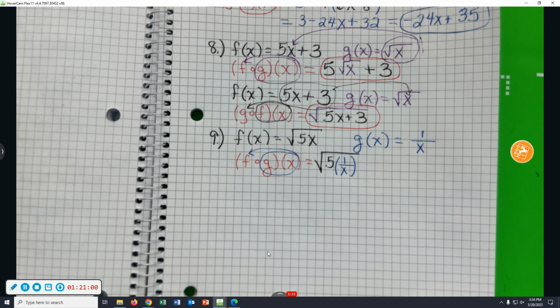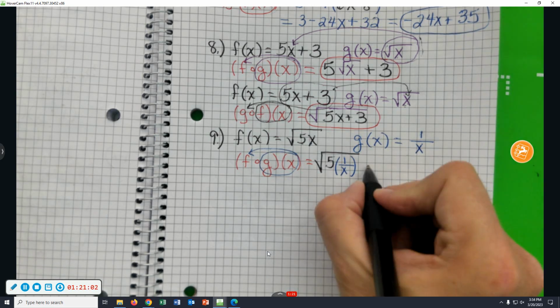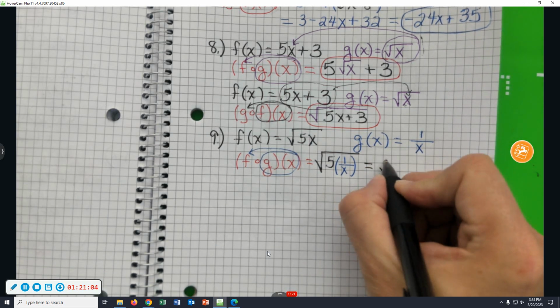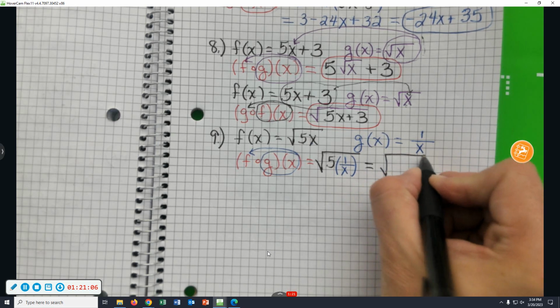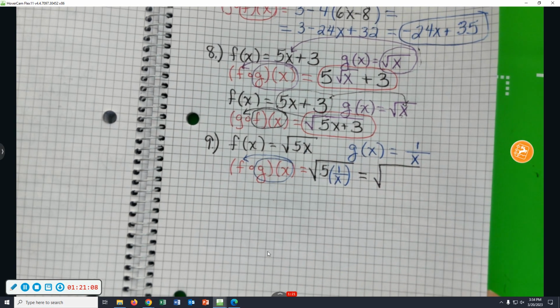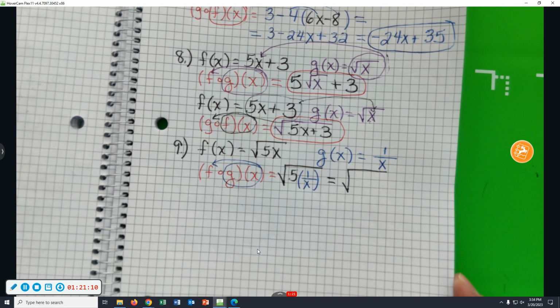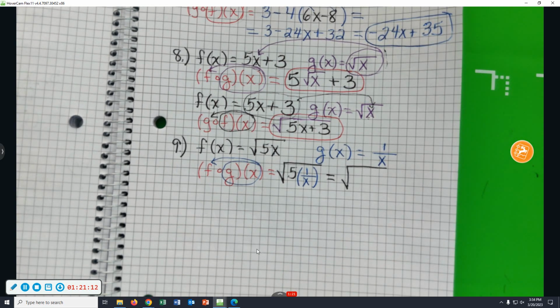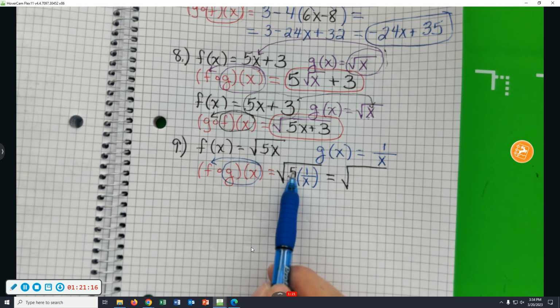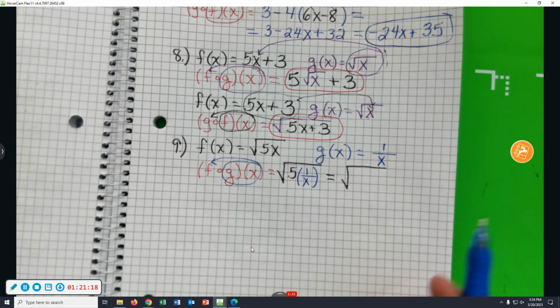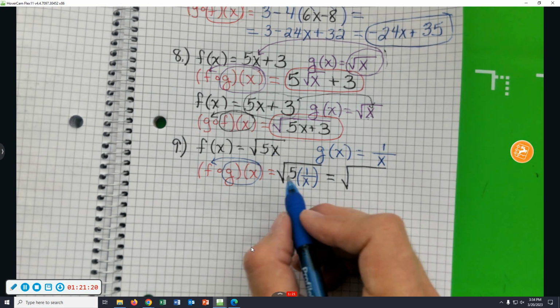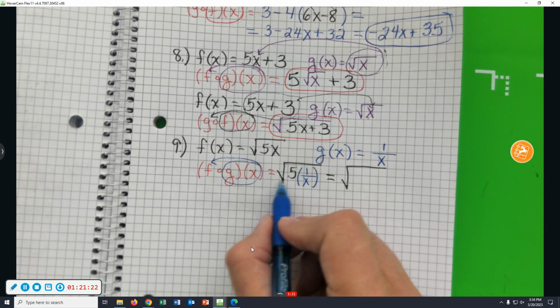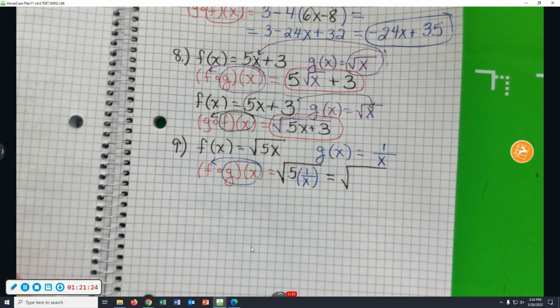Did you get it? Yeah, I'm getting it. Okay, well, we can go back and redo number 8 if you want, because I think 8 does a good job of showing how you're going about this. Now, to multiply this 5 times 1 over x, you just get 5 over x. You would think of the 5 as 5 over 1 times 1 over x.